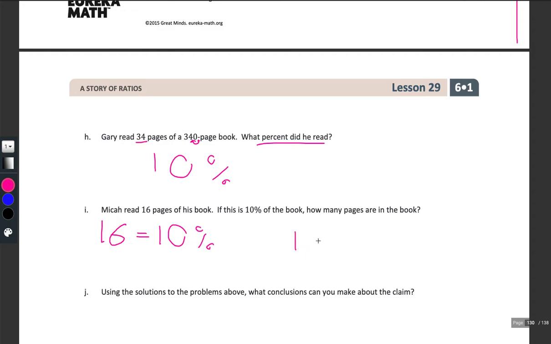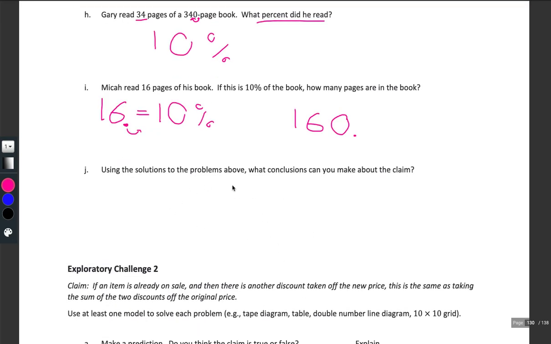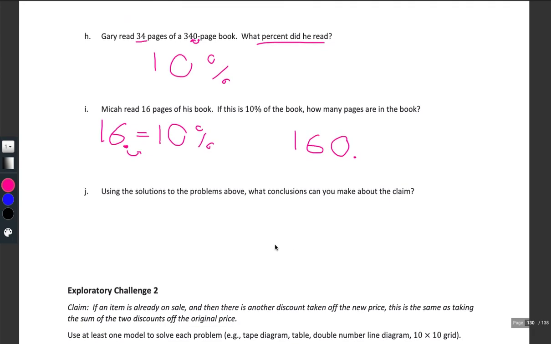So this would be 160 pages. Or think, here's the decimal place, and you're just going the opposite direction. You're moving it to the right, from here to here, 160 pages. You can fill this in yourself, but the conclusion is true.